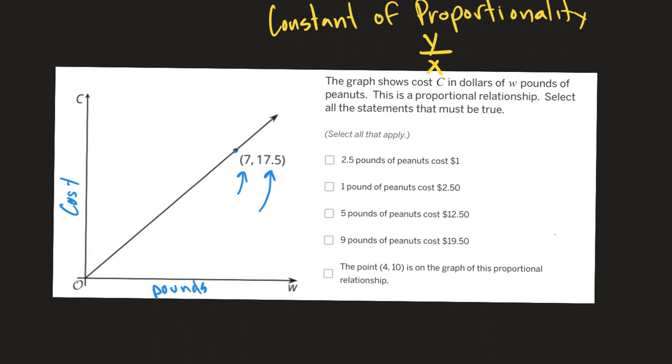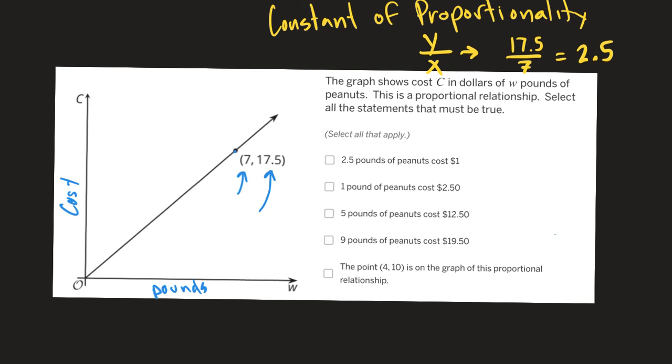Y divided by x. Just get that in your head. If we do that on our point, it's 17.5 divided by 7. When we calculate that out, that is 2.5. That is our constant of proportionality.